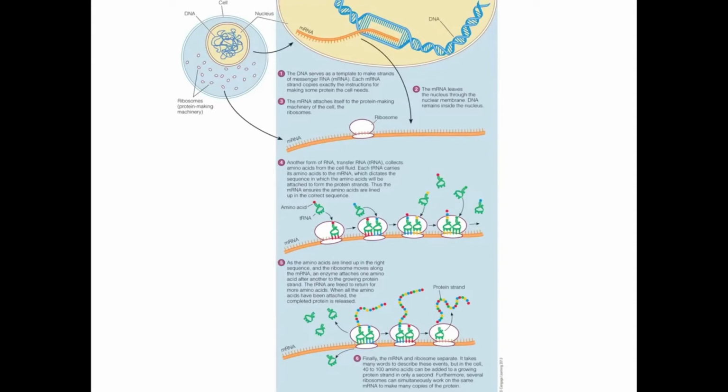Each tRNA is responsible for a specific amino acid. For example, the one that is carrying the red amino acid will always only carry a red one. So it's going to wait around until the ribosomes say they need a red amino acid, then it's going to come in and go ahead and drop it off.